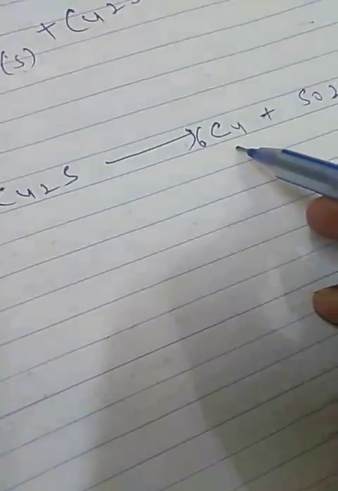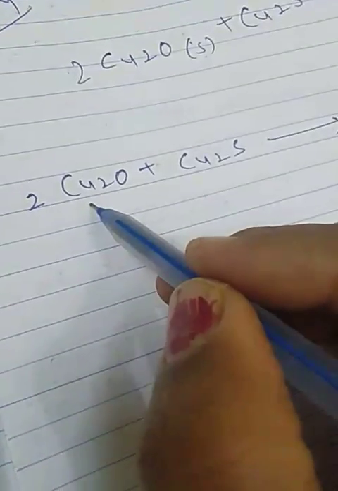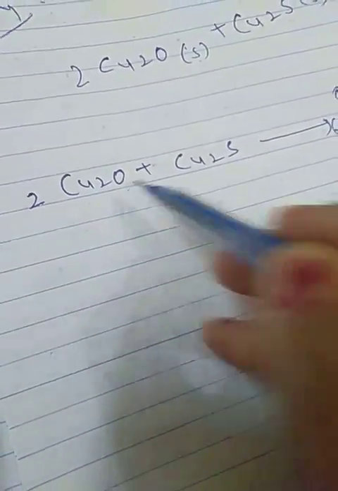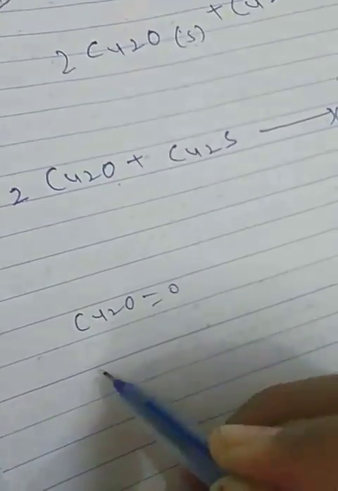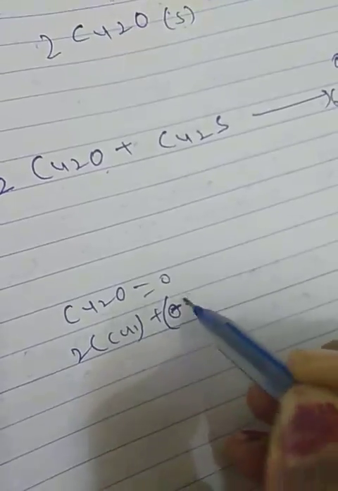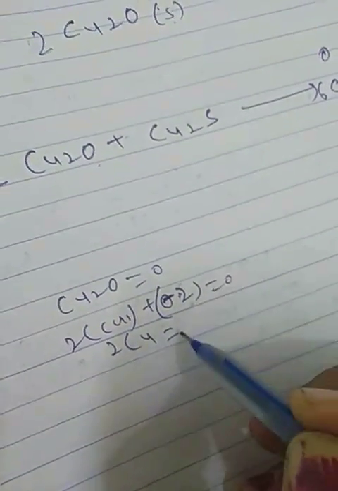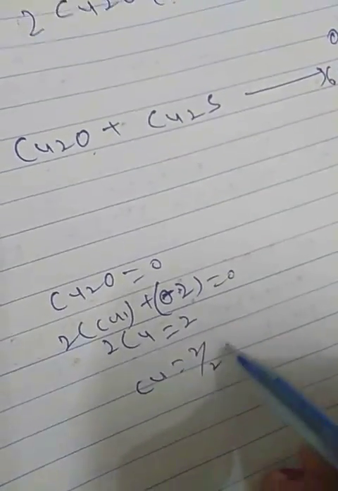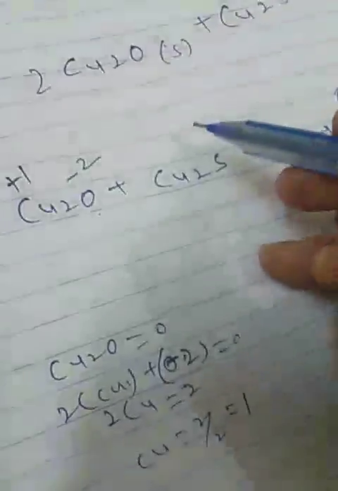According to the rule, a neutral element's oxidation state is 0. Here you have to see Cu and O. If you are not following, Cu2O is equal to 0: 2Cu plus oxygen minus 2 is equal to 0, so 2Cu is plus 2, Cu is 2 upon 2 equal to 1. So copper's oxidation number is plus 1, oxygen is minus 2. In Cu2S, sulfur is the same as oxygen, minus 2.